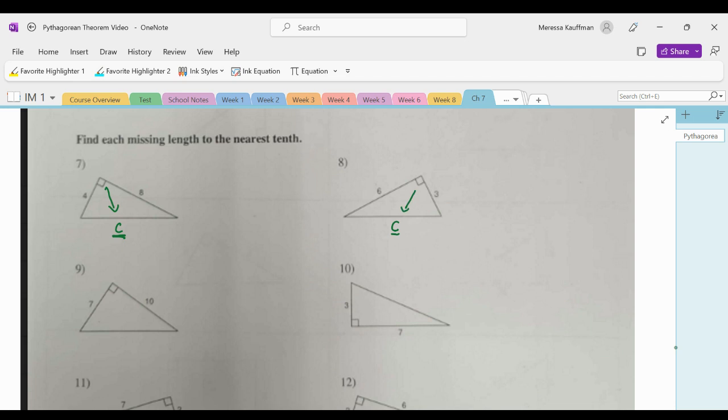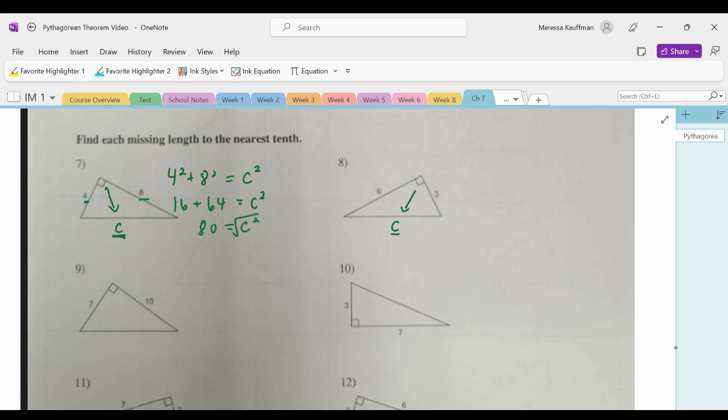So let's do that first one together. We have 4 squared, there's a leg, plus 8 squared, there's my other leg, is equal to C squared. 16, that's 4 times 4, plus 8 times 8 is 64, is equal to C squared. We add these together, that's going to be 80 is equal to C squared.